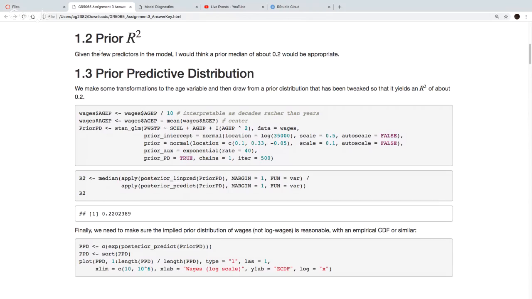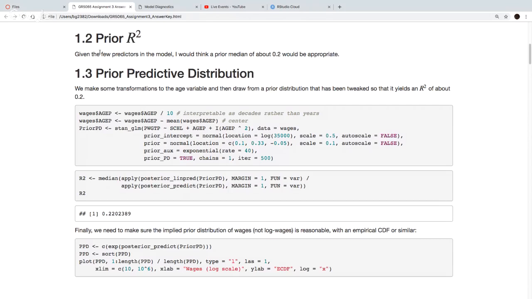So a lot of Bayesian statistics is just about eliminating contradictions in your thought. If you think there's a huge effect of schooling, you're going to be disappointed. But if you think there's this huge effect of schooling and the R squared is like 0.07, then those two beliefs are pretty much impossible to reconcile with each other.